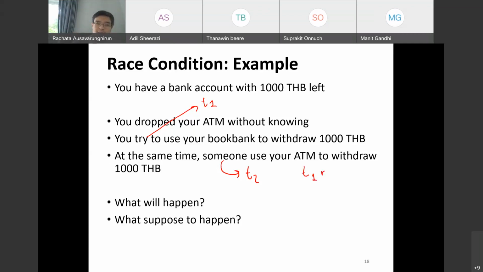Thread 1, modify my account. And then thread 2 comes in here, say read account value. Wow, I haven't finished. So both would get 1,000. And what would be the final result in my bank statement?